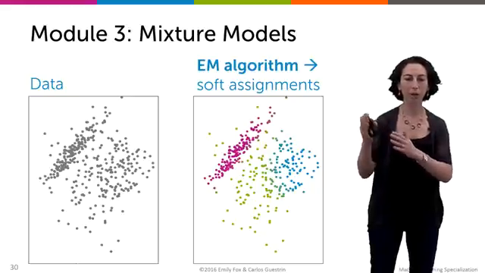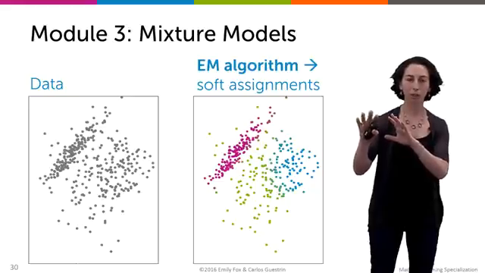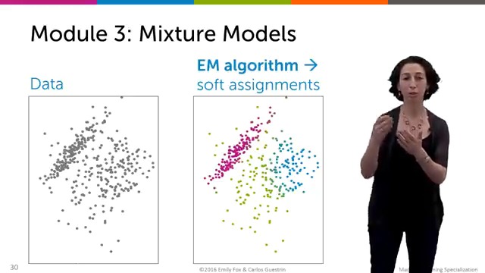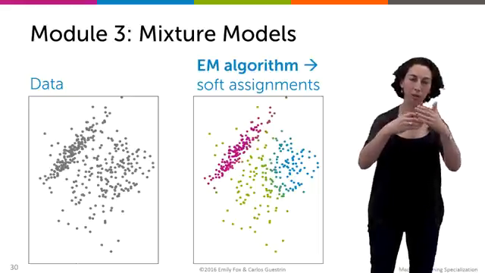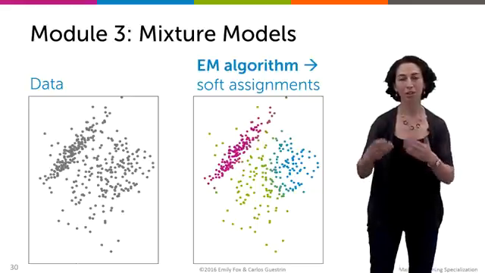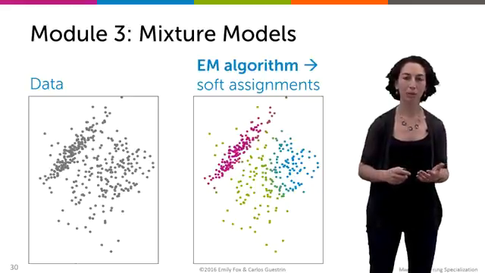So for example, if you look at the points lying between this blue and green cluster, there are points that have this shading somewhere in between those two colors, meaning there's uncertainty about whether those observations are assigned to the blue cluster or the green cluster, and likewise between the green and fuchsia clusters. And the algorithm we're going to go through for inferring these soft assignments of data points to clusters is referred to as expectation maximization, or the EM algorithm.